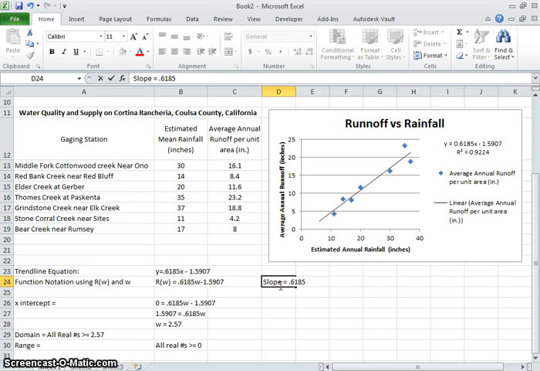And that is a comparison of average runoff to average rainfall, meaning as rainfall increases, runoff increases.